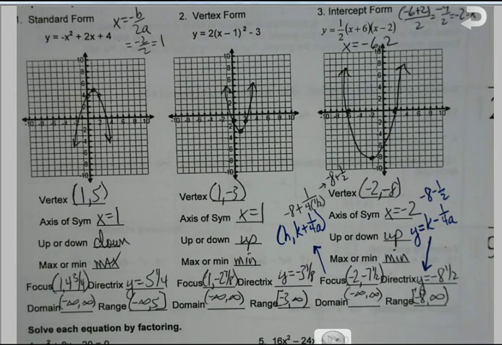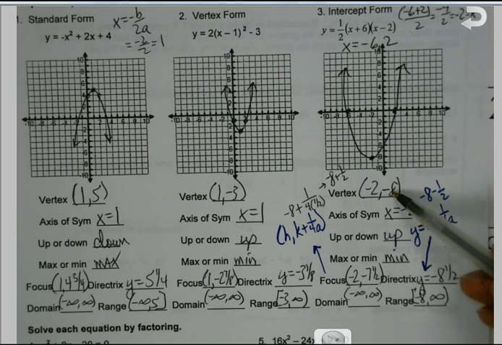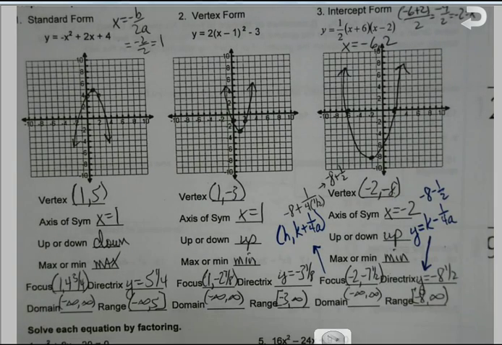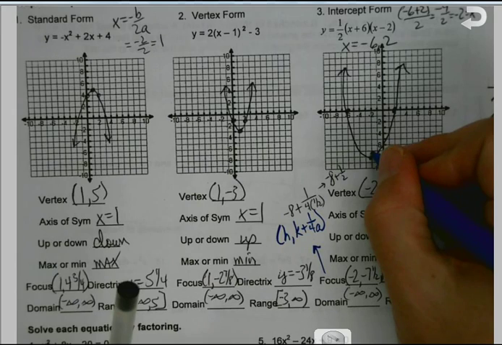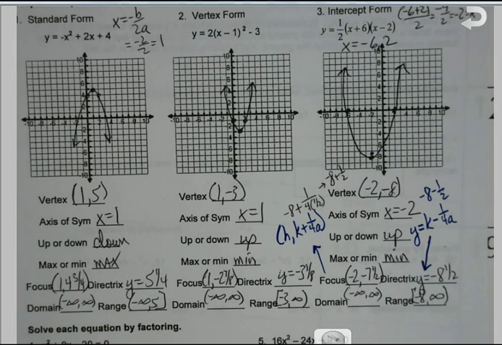So remember, your directrix and your focus are always equidistant from the y value of your vertex. In other words, if my vertex y is at negative 8 and my focus is at negative 7.5, right here inside my parabola, my directrix is going to be equidistant on the outside.